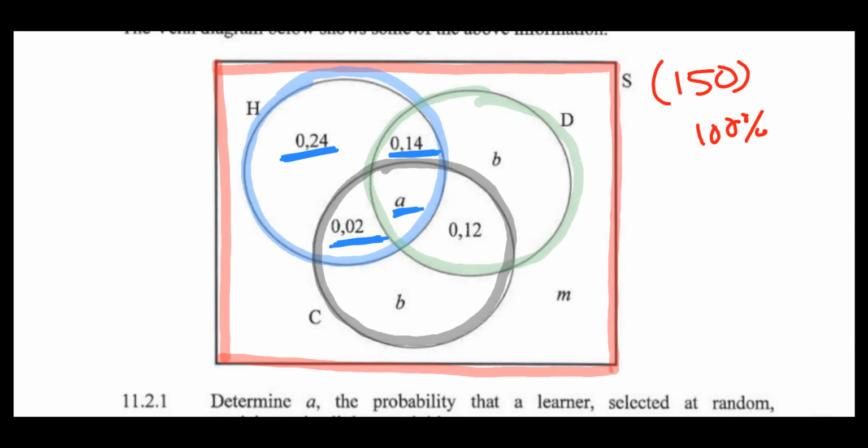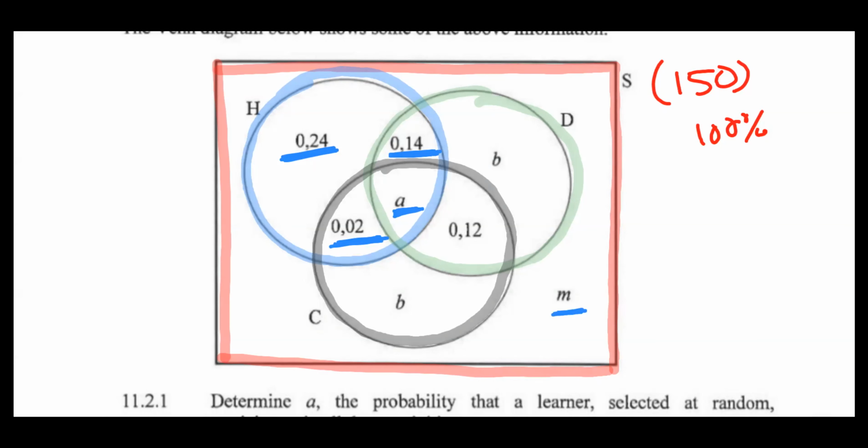The 0.14, they debate as well. And the A, the number in the middle, they do all three sports: hockey, debating, and chess. Hope you get the picture.